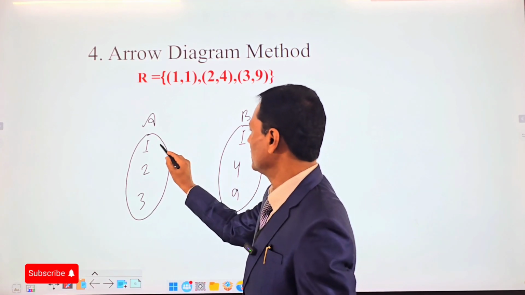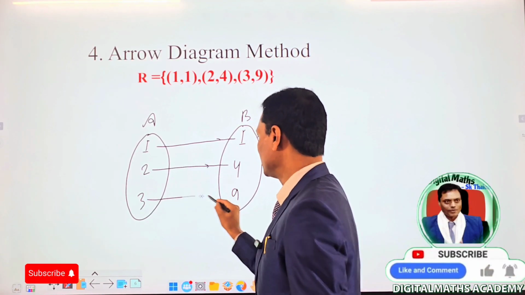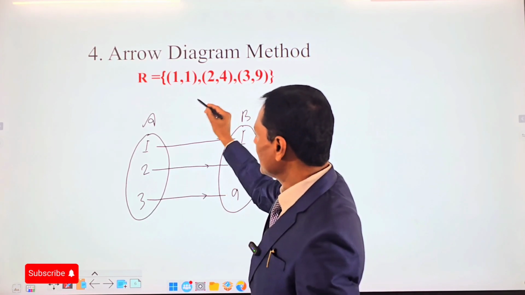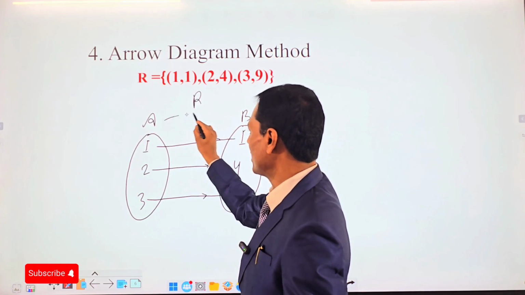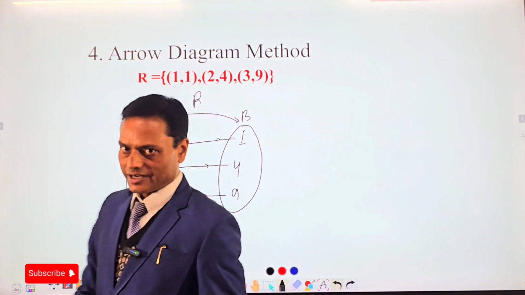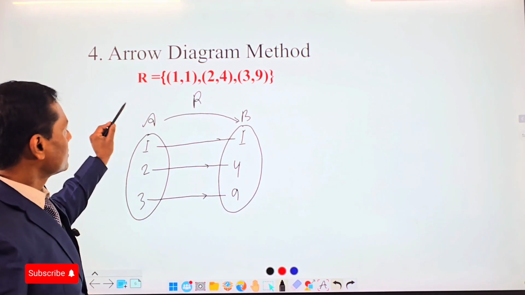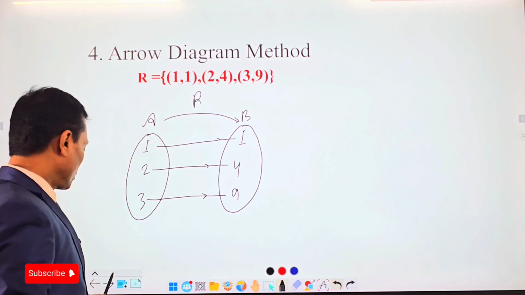And after that 1 is related to 1, 2 is related to 4, and 3 is related to 9, and that is the relation. We show the relation by this arrow diagram. So we can represent the relation by arrow diagram also.